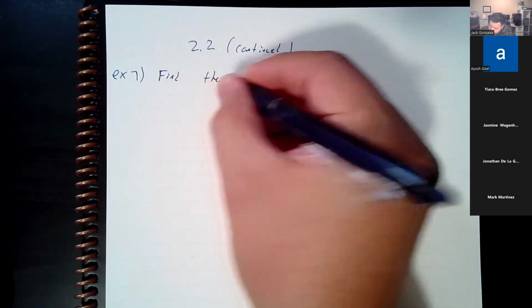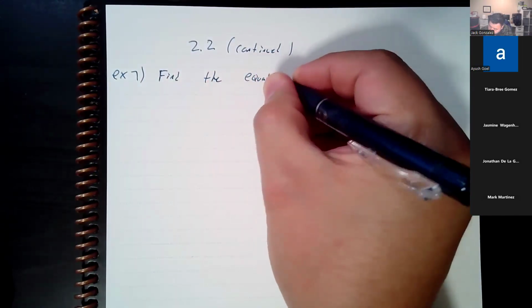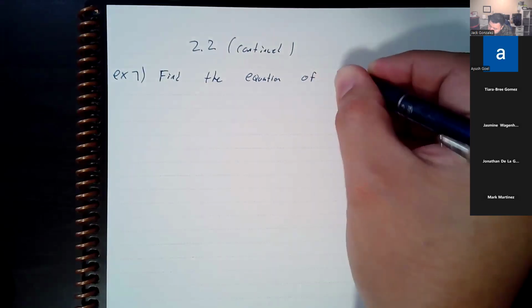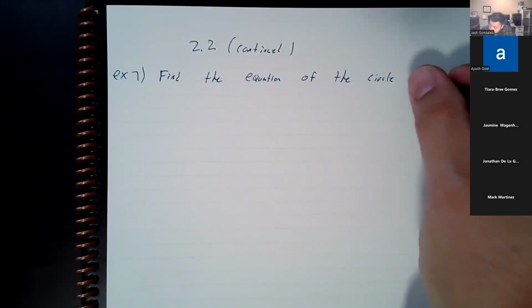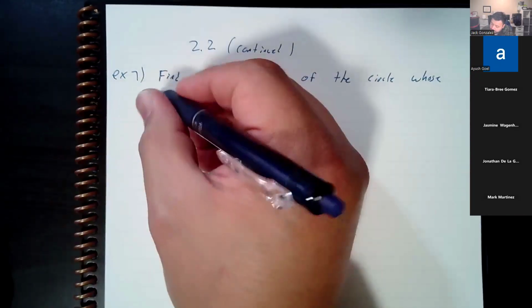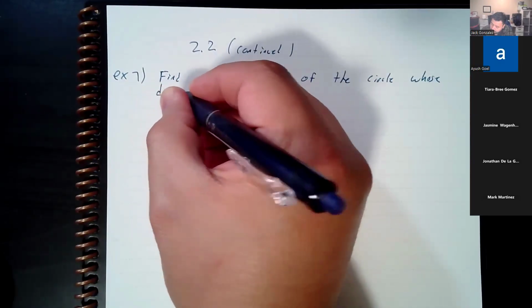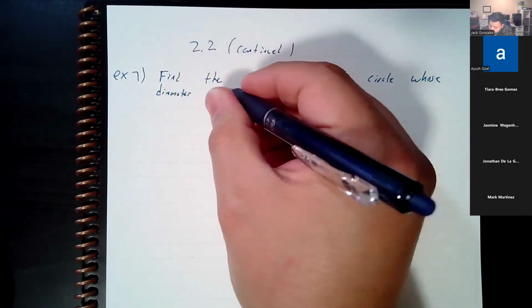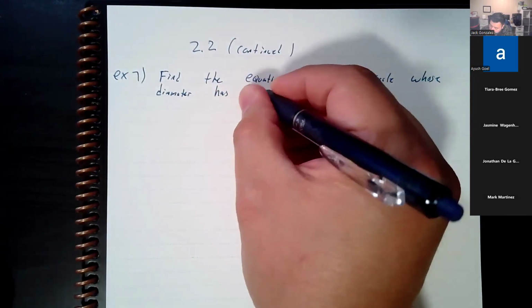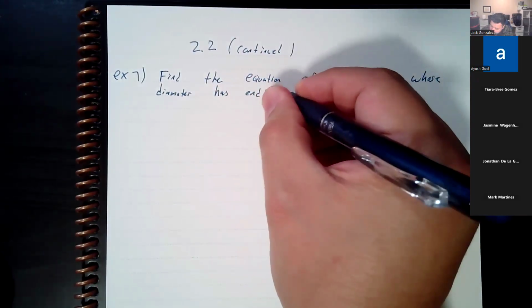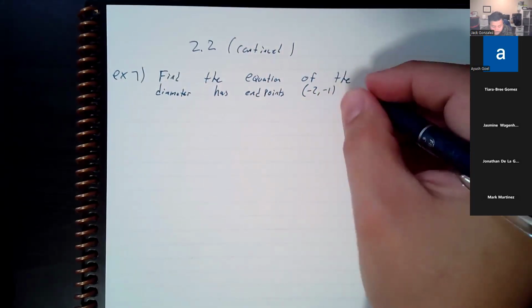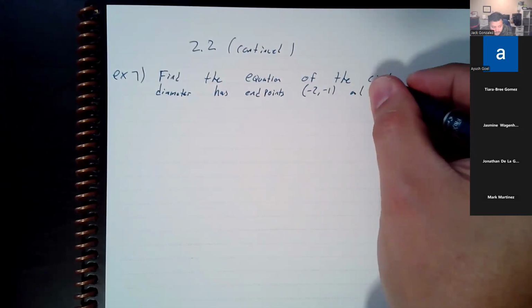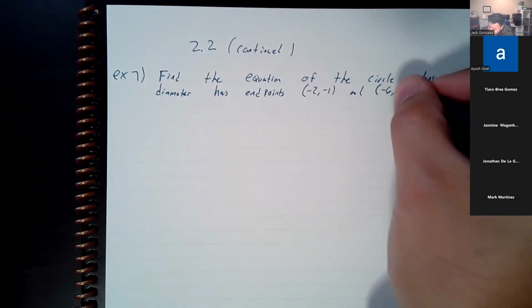Find the equation of the circle whose diameter has endpoints (-2, -1) and (-6, 5).